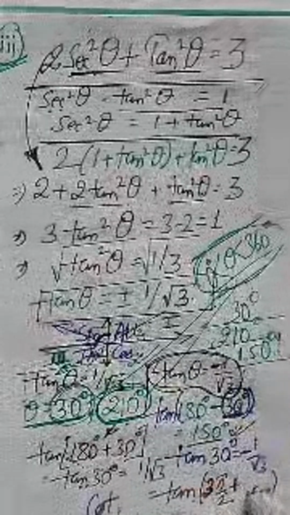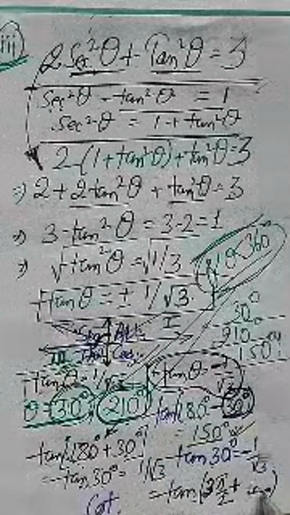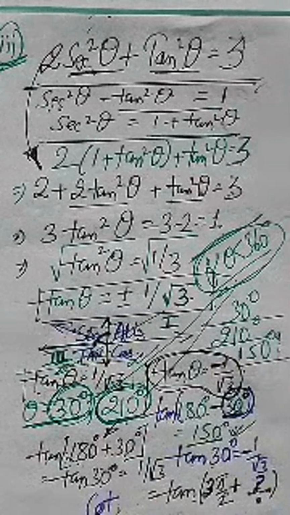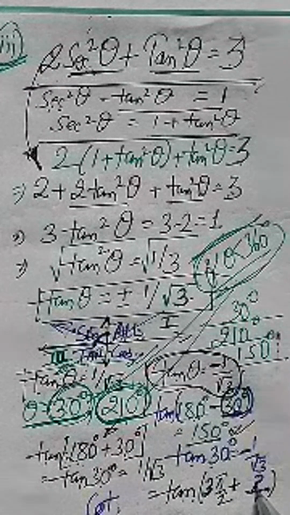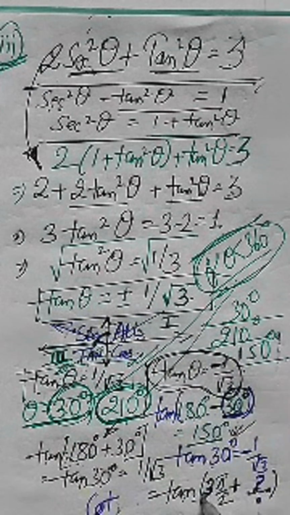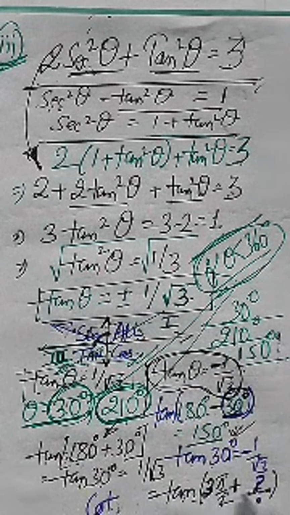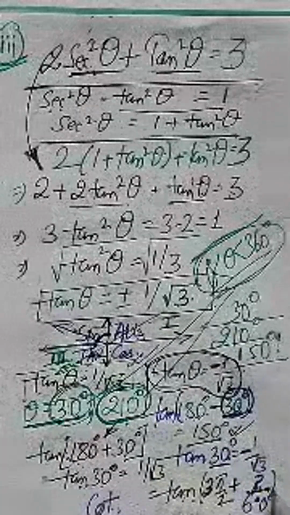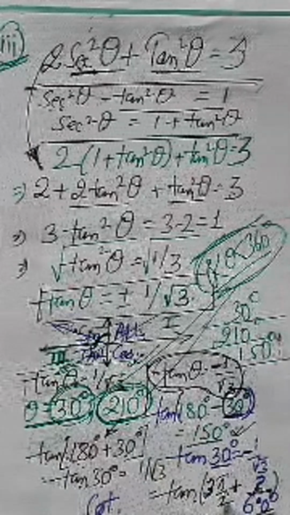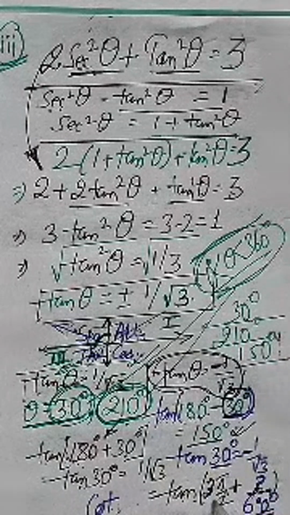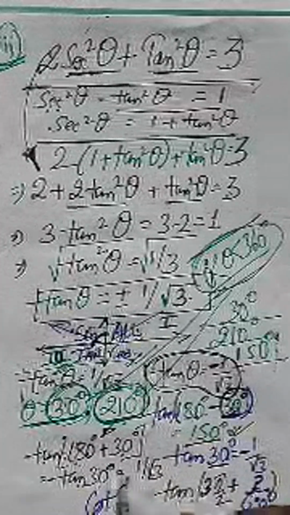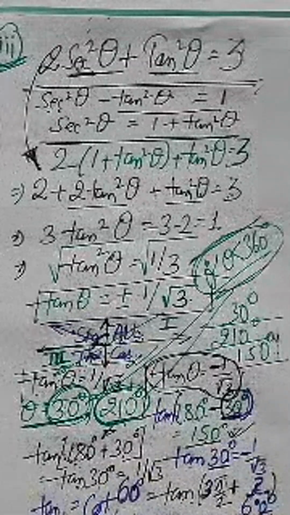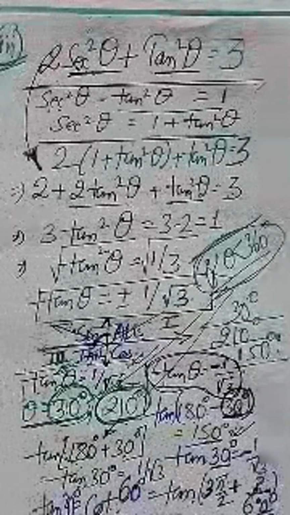Whatever you are putting in this place, if you consider 30 degree, then tan of 3 times pi by 2 plus something becomes cot of that value. That will be equal to tan 30 degree only when it becomes 60. So tan of 3 pi by 2 plus 60 will give you cot of 60, and cot of 60 is equal to the value of tan of 30.